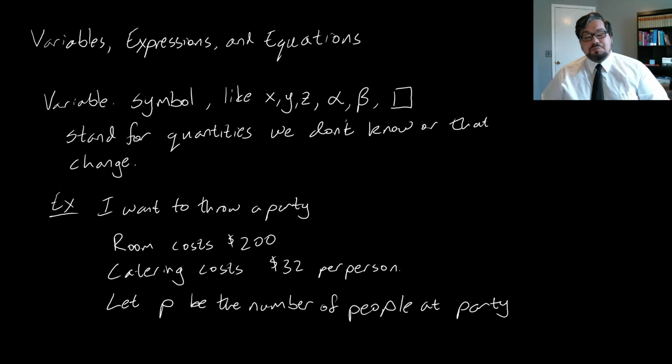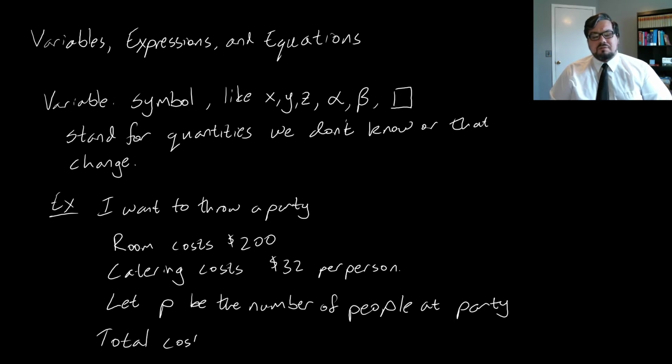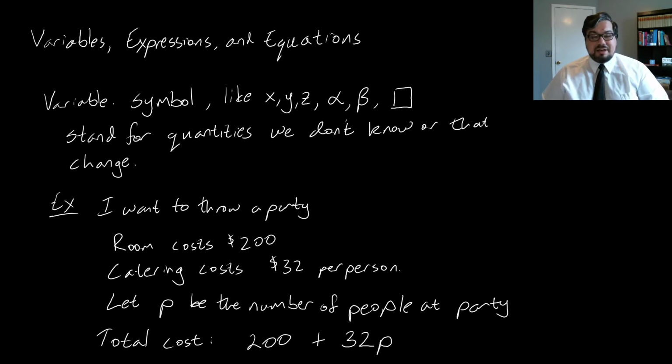and if we do so, then we can express the total cost of the party in terms of the room cost of $200, the cost per person of $32, and the total number of people at the party, which is the unknown value P. So the total cost of the party will be the $200 for the room, plus the total amount of money for the catering, which is $32 times the number of people that I have at my party.